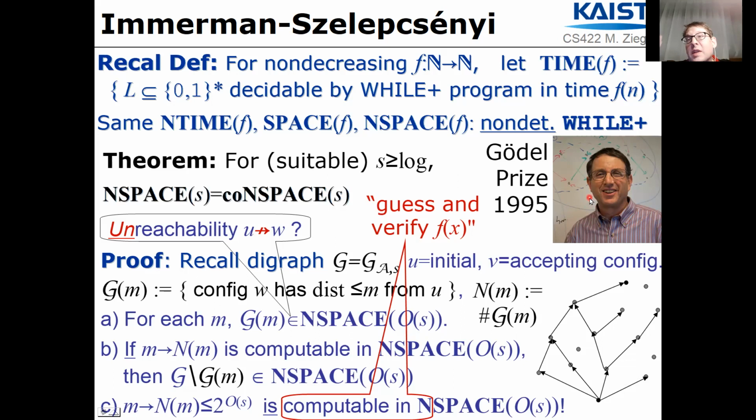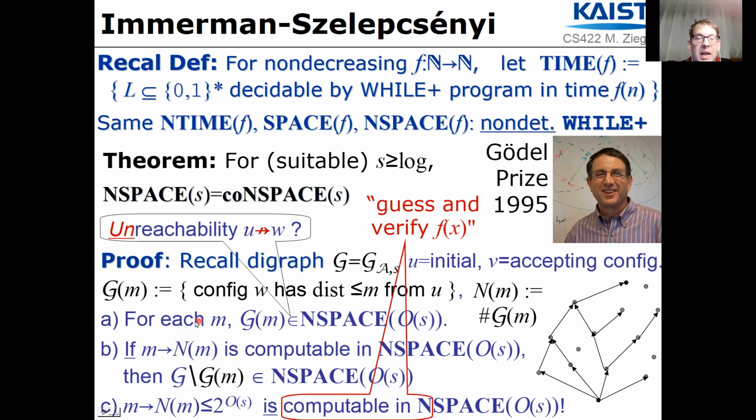And this is what gave the Gödel Prize to Neil Immerman. Okay, thus having discussed the 3 steps of the proof, let's now establish the 3 steps separately.